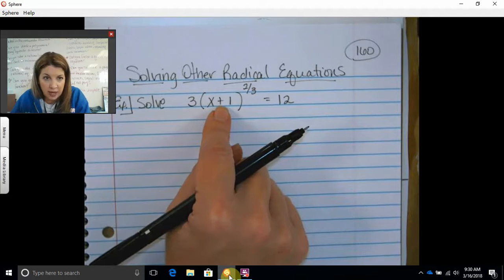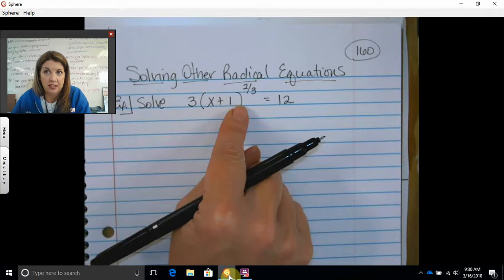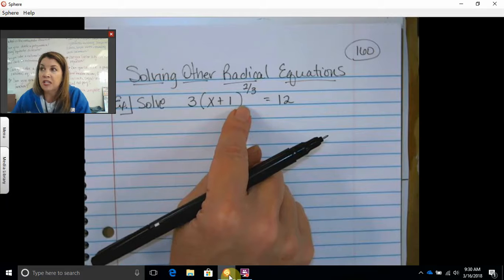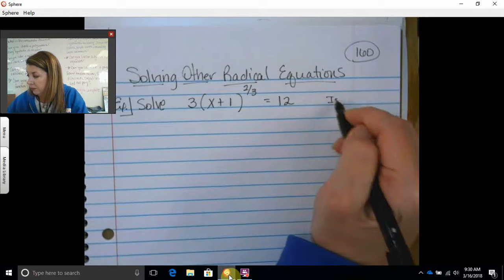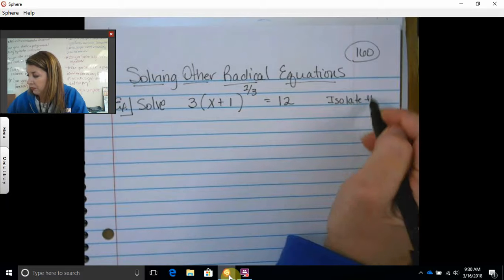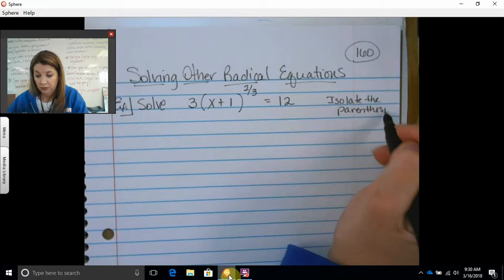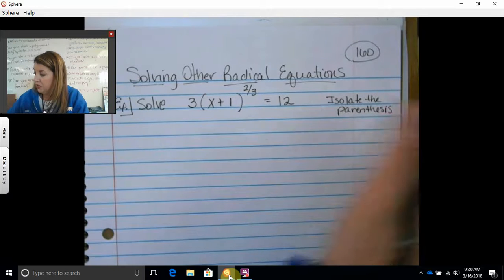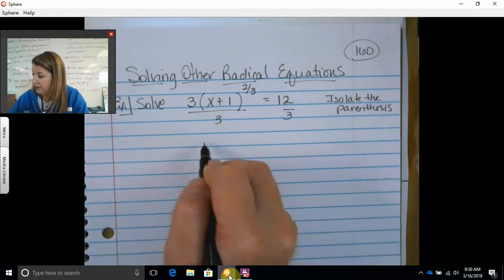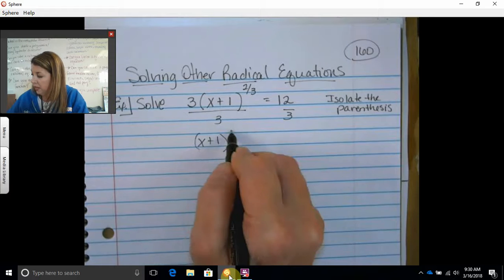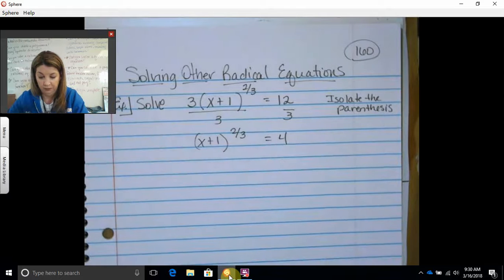But don't write it as a radical because you're going to confuse yourself. It's easier if it's written like this. But just like we isolated radicals, we have to isolate the parentheses. All right? So yeah, we'll divide by 3. And now we have x plus 1, quantity raised to the 2/3 power, equals 4.